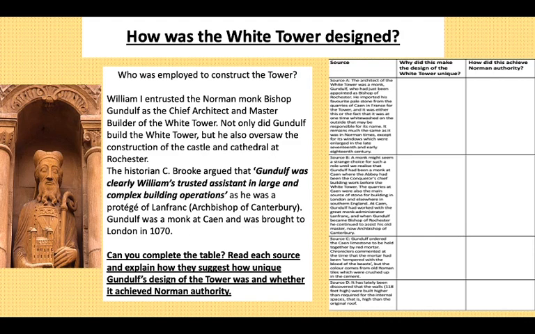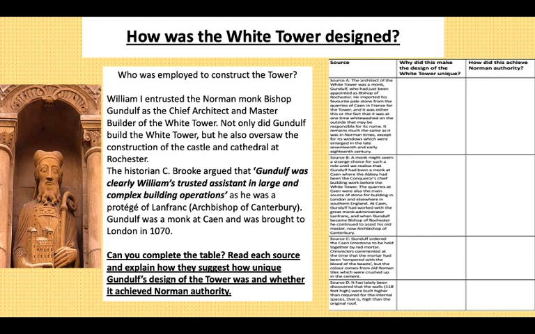It's also interesting about Gundulf that he initially declined to build the White Tower for William, as he thought he was too old to build the castle, but he eventually accepted due to his loyalty to William because he was a Norman himself, and he actually outlasted both William I and his son William II. So that just shows he wasn't too old to build the White Tower.